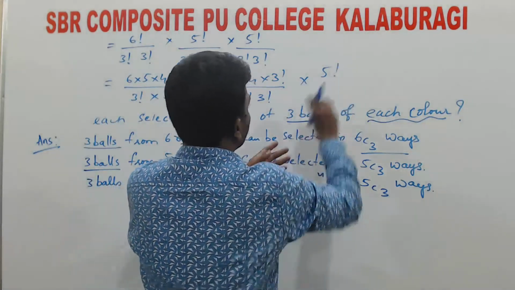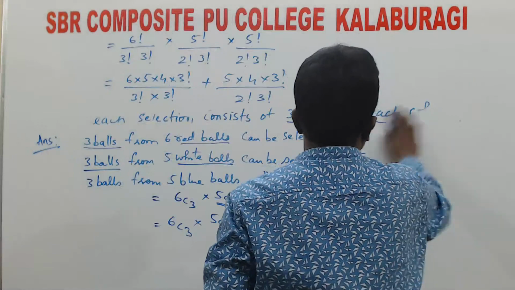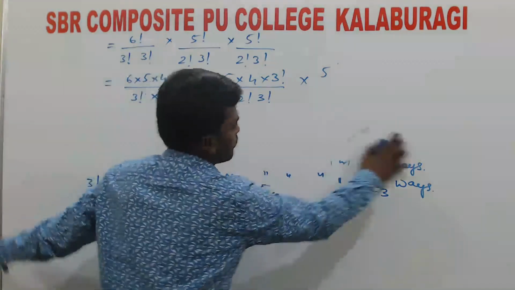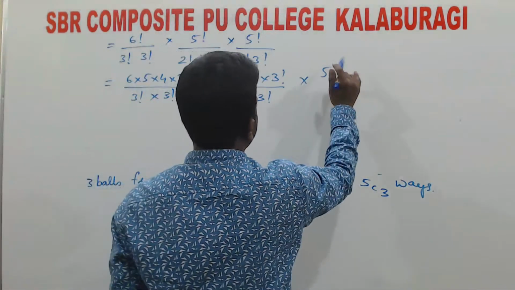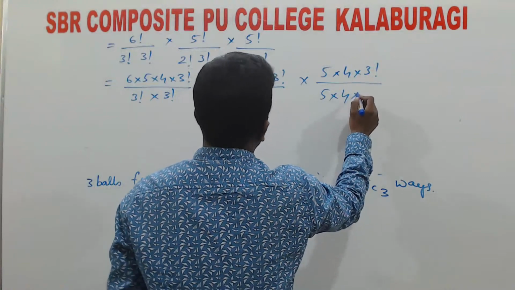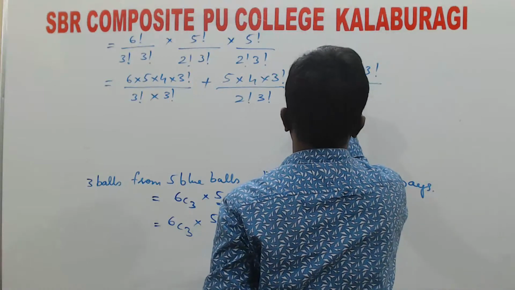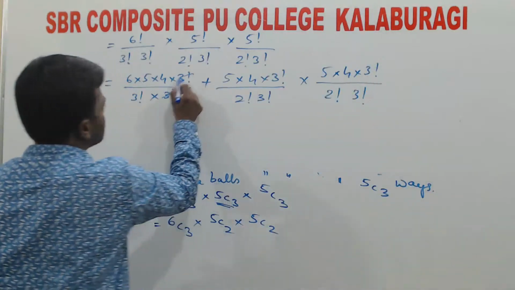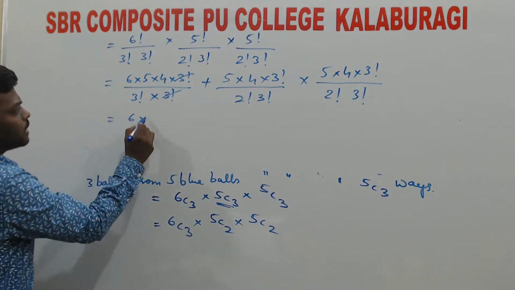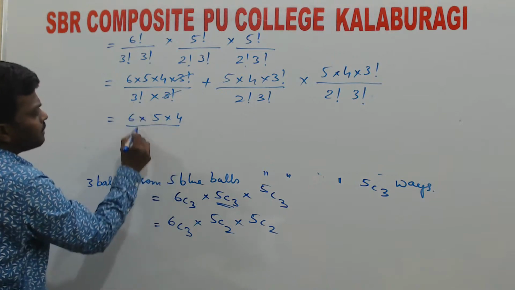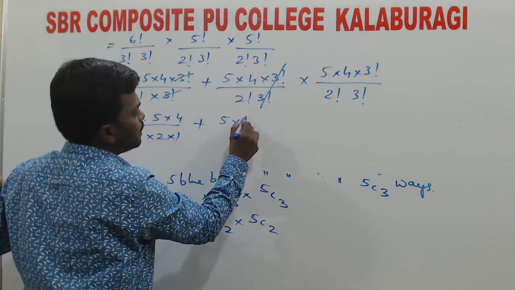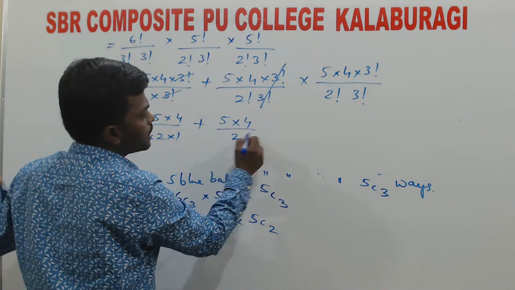So 5 factorial, can I write it as 5 into 4 into 3 factorial divided by 2 factorial into 3 factorial, right? So this term cancels. Let me write once again: 6 into 5 into 4, and 3 factorial I can write as 3 into 2 into 1, this cancels, then 5 into 4 by 2 factorial, and 2 factorial is 2.